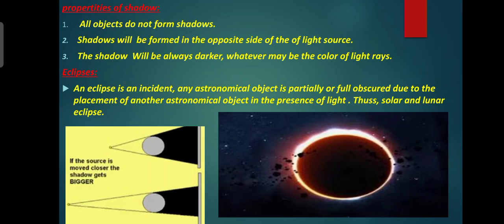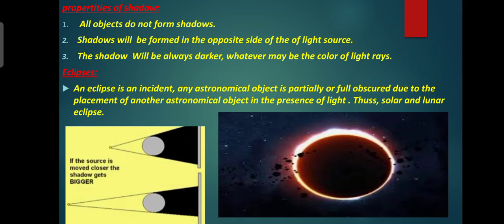Next one, eclipses. The earth along with the other planets revolves around the sun in its orbit. In turn, the moon revolves around the earth in the moon's orbit. There comes a time when three heavenly bodies get aligned in the same straight line.